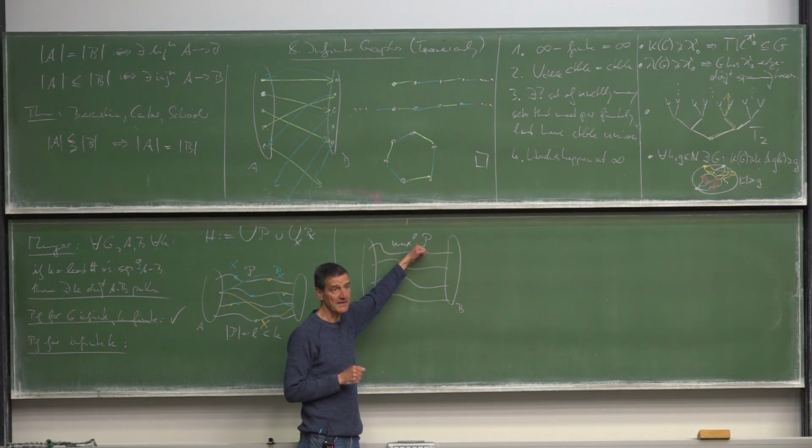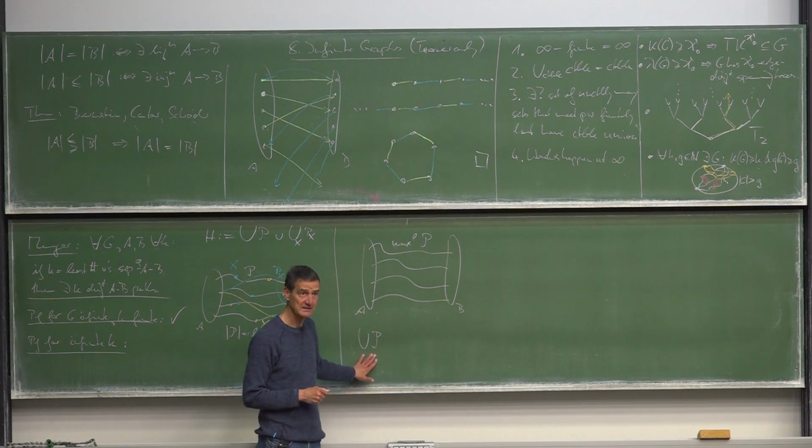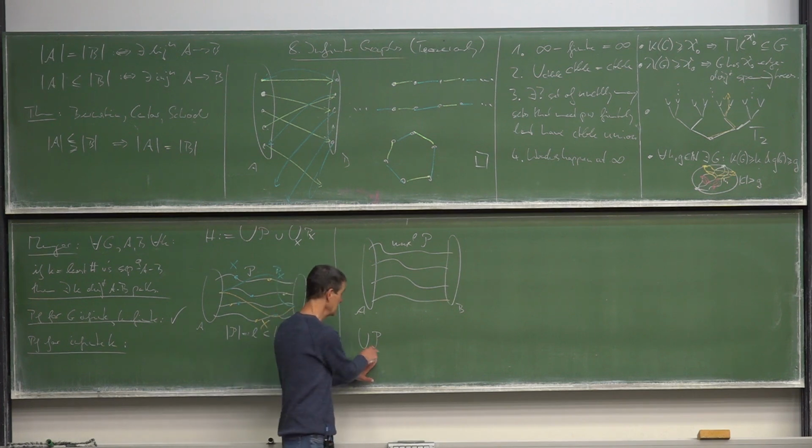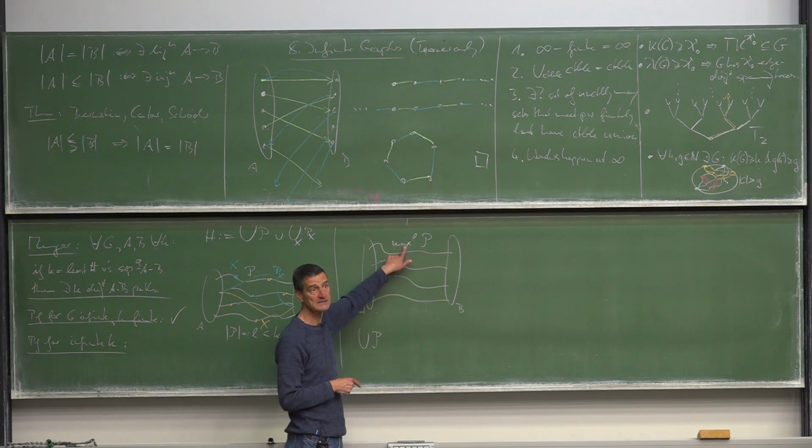If there were only finitely many, and each of these paths is finite, then the union of all these paths will be finite, but this union separates A from B. Why? If it didn't, there would be another AB path outside this union, so P wouldn't have been maximal in this very weak sense.